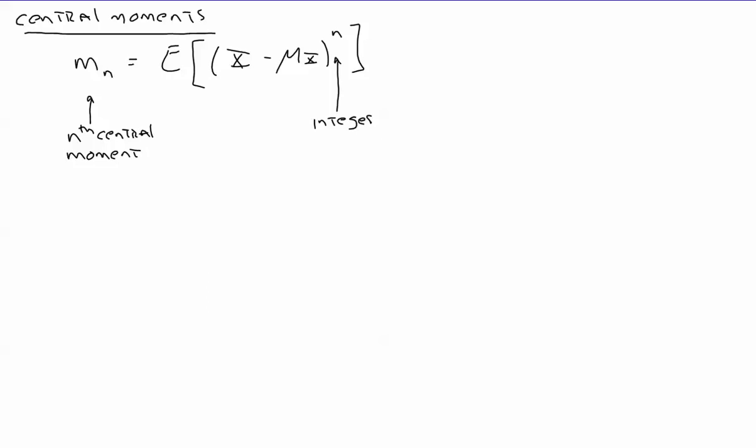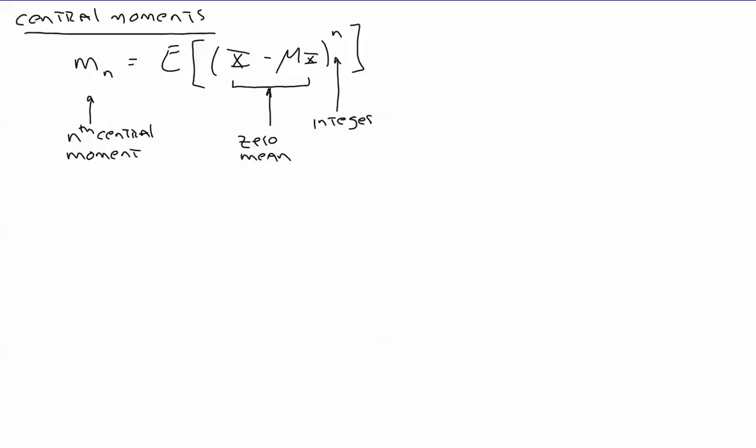When I subtract the mean from any random variable, I get a new random variable that is zero mean. X itself is not zero mean, but x minus its mean is a new zero mean random variable.